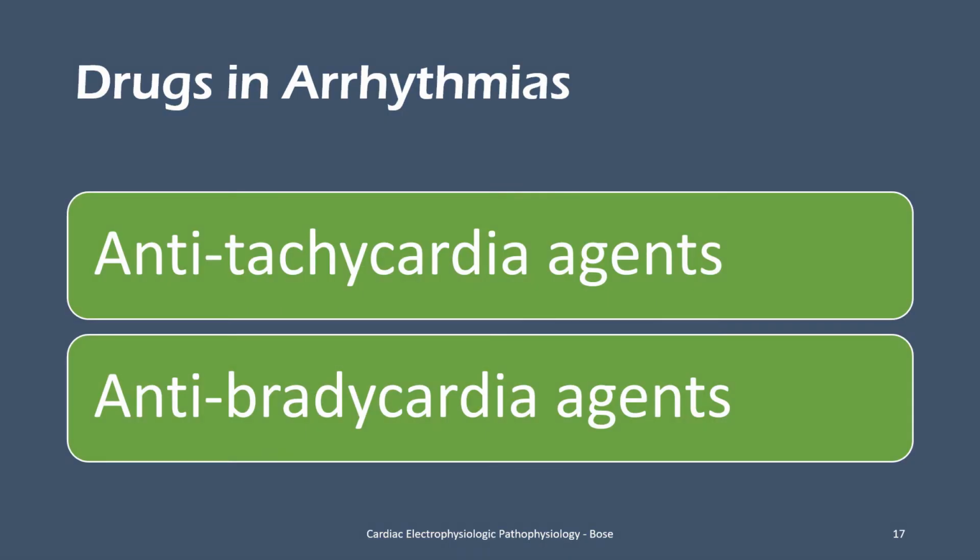The drugs that are used in arrhythmias are broadly classified into anti-tachycardia agents, which are drugs that prevent the heart from beating too fast, or anti-bradycardia agents, which are drugs that prevent the heart from beating too slow.